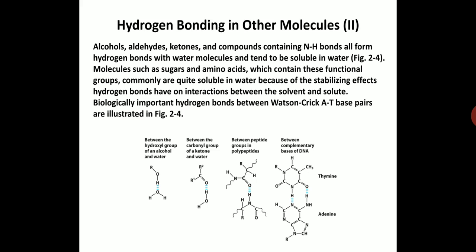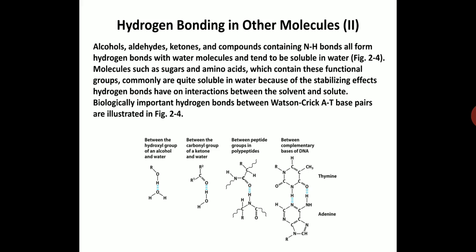Hydrogen bonding in other molecules, we will see some other examples. Alcohols, aldehydes, ketones and compounds containing NH bonds all form hydrogen bonds with water molecule and tend to be soluble in water as shown in the diagram.